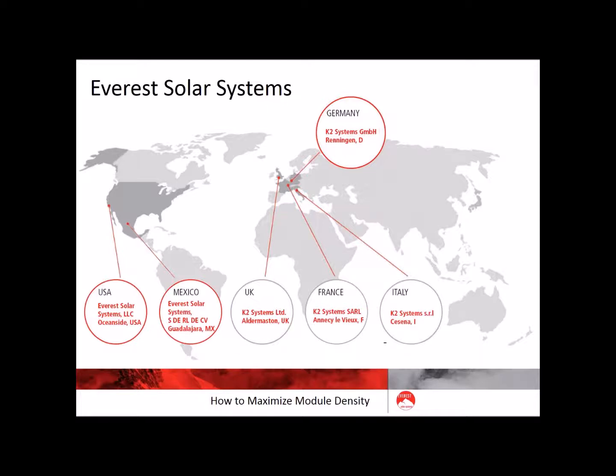So Everest Solar Systems really began as a sister company to K2 Solar Systems, which is located in Germany. They have offices in the UK, France, Italy, as well as opening some in Brazil and South Africa. Everest is located in Oceanside, California, and we also have an office in Mexico that serves our customers in Mexico.